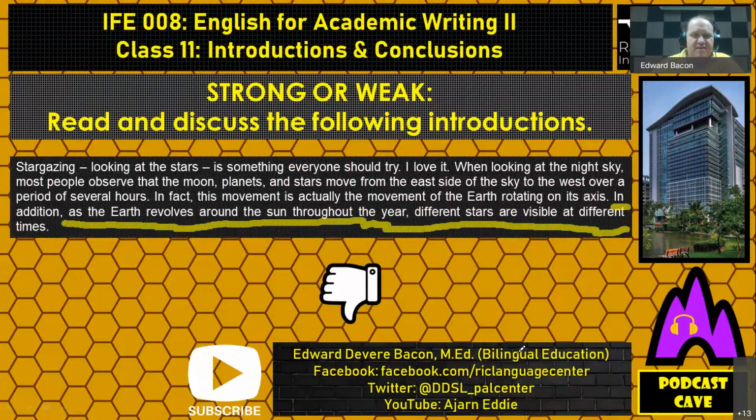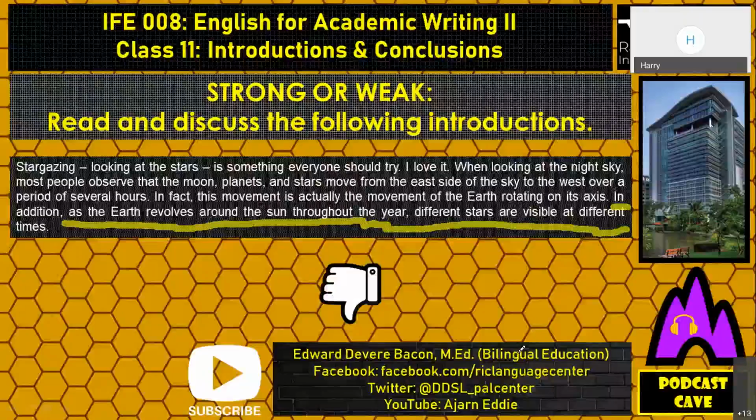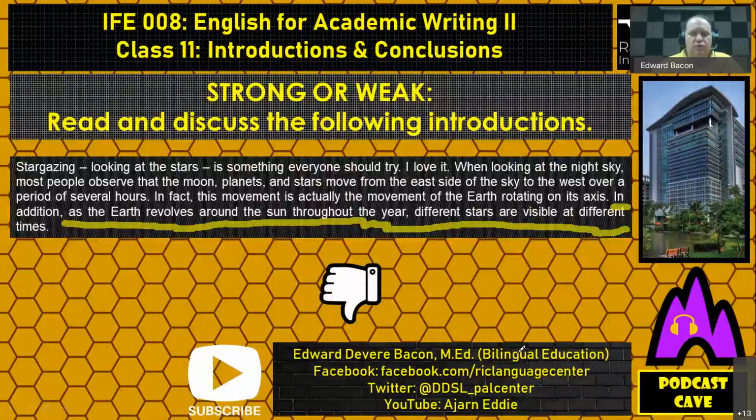It says, in addition, as the Earth revolves around the sun throughout the year, different stars are visible at different times. Is there an opinion in the thesis statement? No, yeah.